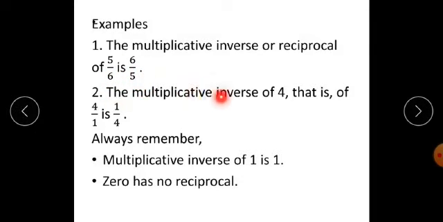Similarly, the multiplicative inverse of 4, that is of 4 upon 1, is 1 upon 4. Students, always remember, the multiplicative inverse of 1 is always 1, and 0 has no reciprocal.